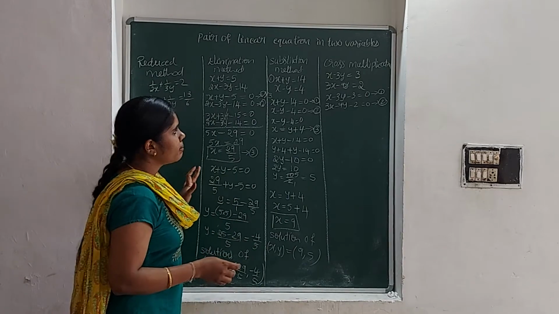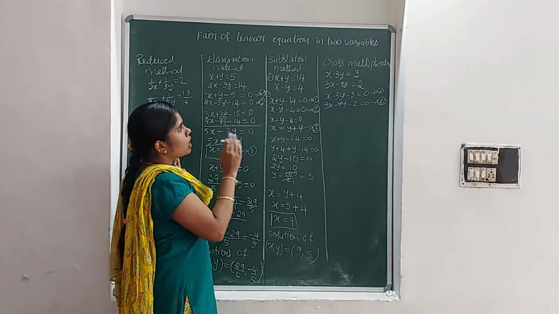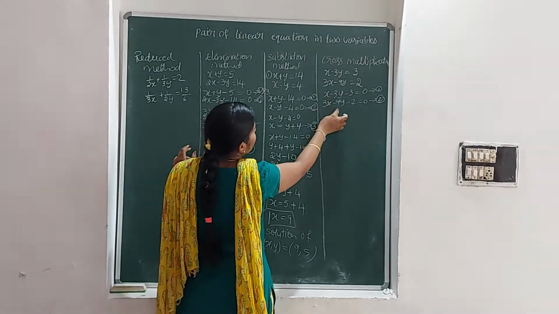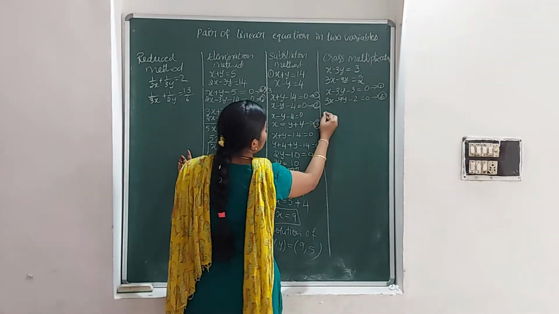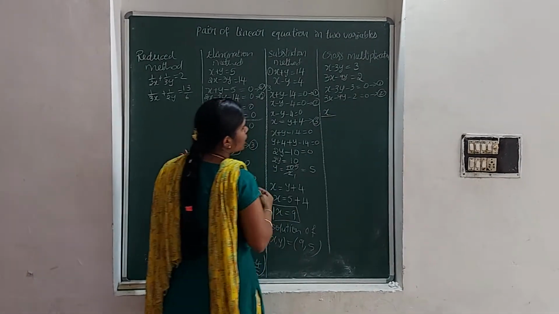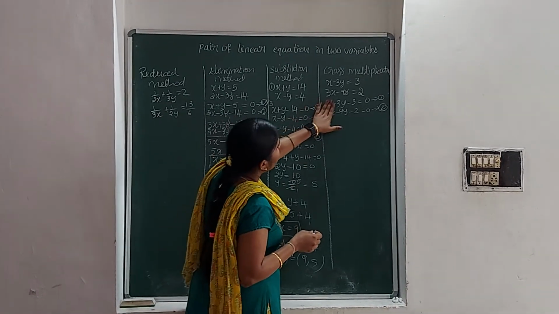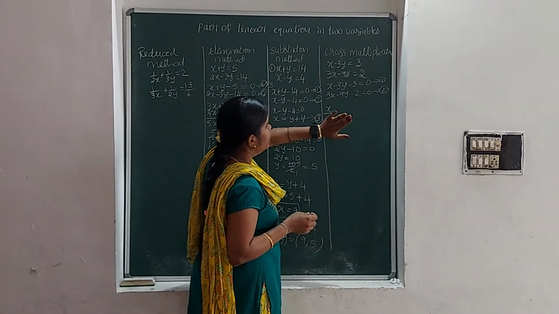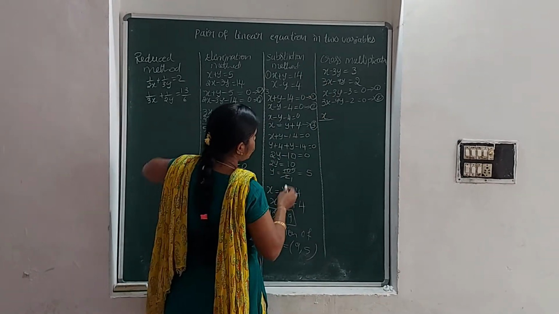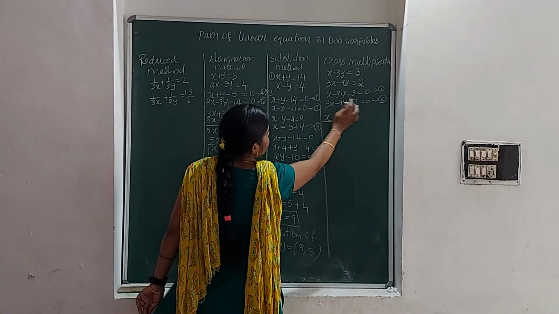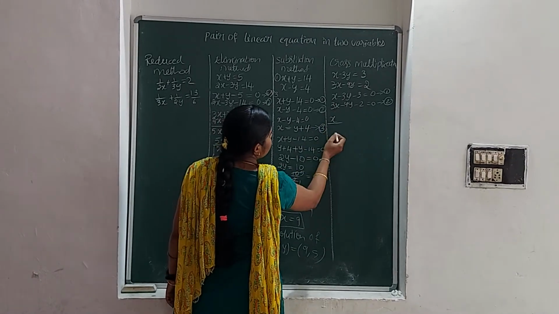Okay, so for cross multiplication, we have to cross multiply the constant term. If you want the x solution, you concentrate on the y coefficient and the constant. So now you just forget about the x term and use the y term and the constant term. So your minus 3 is there.